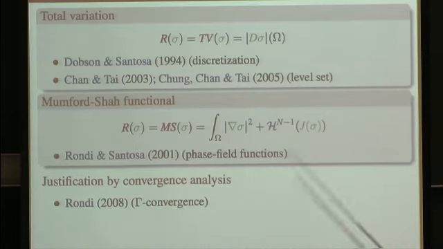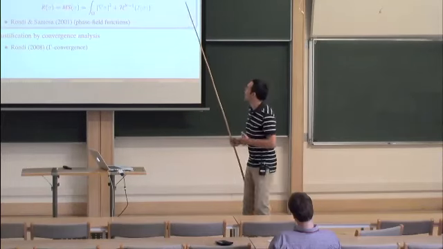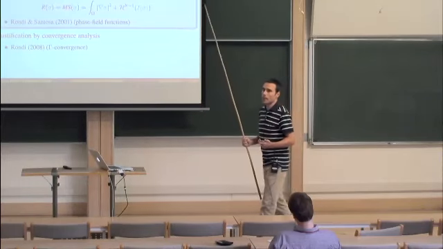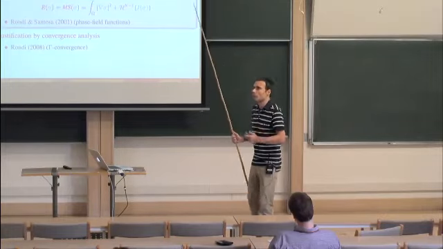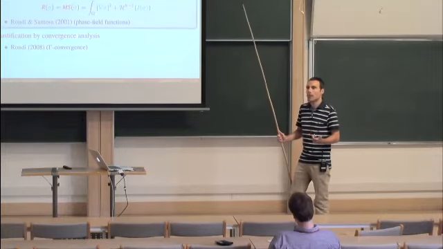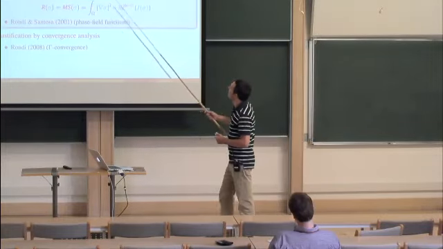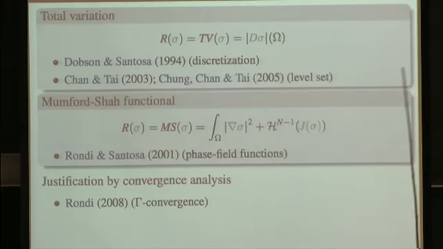So what does this mean, justified? It means that if the error on your measurement goes to 0 and you have a suitable choice of a regularization parameter, then the minimizers of your problem are going to converge to the looked-for solution, to the looked-for conductivity, to the non-conductivity. Okay.